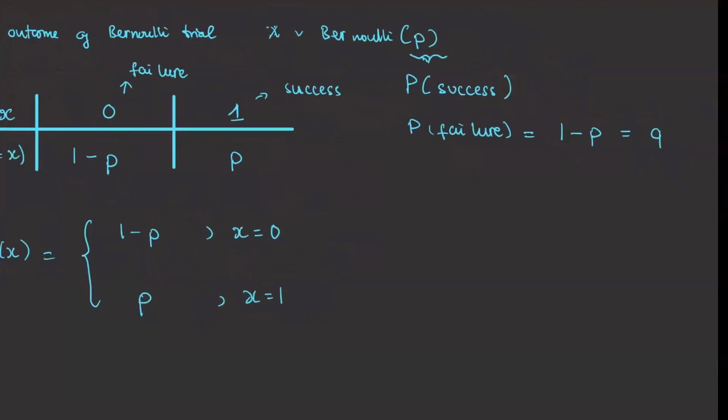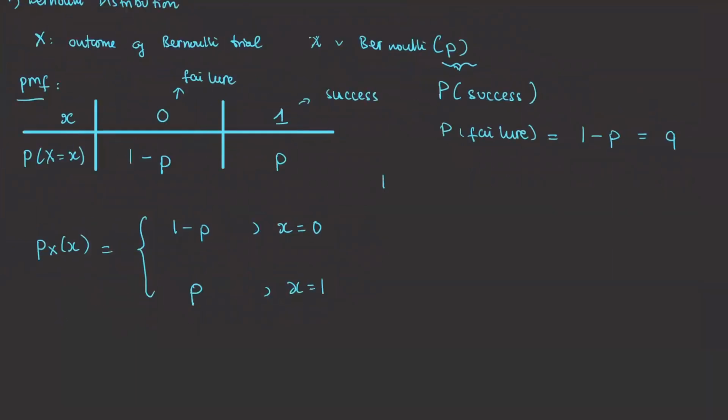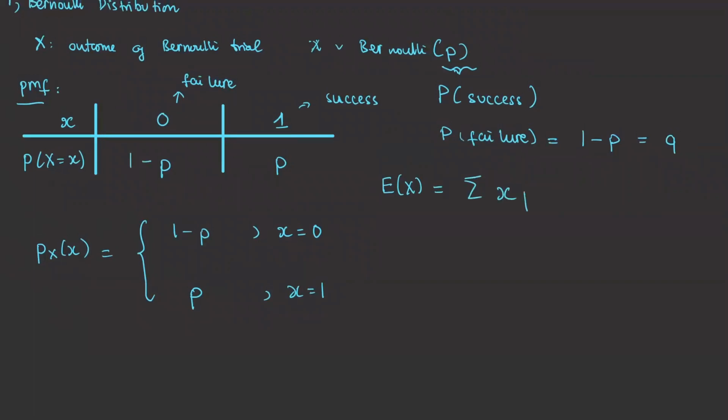Let's start with expected value. By the formula for expected value, I know it is the summation of x multiplied with the probability that the random variable is equal to x. And I will take the summation over all the domain.